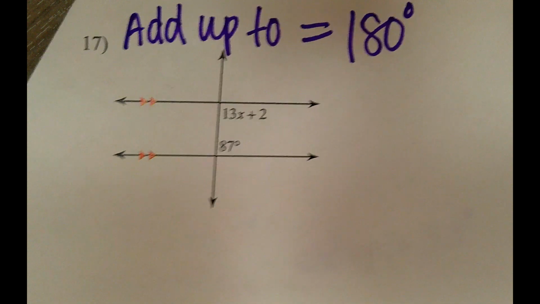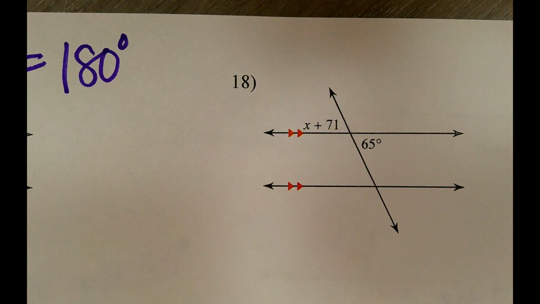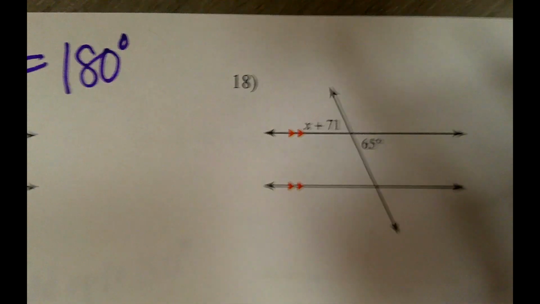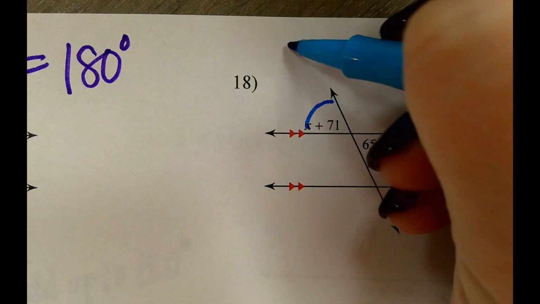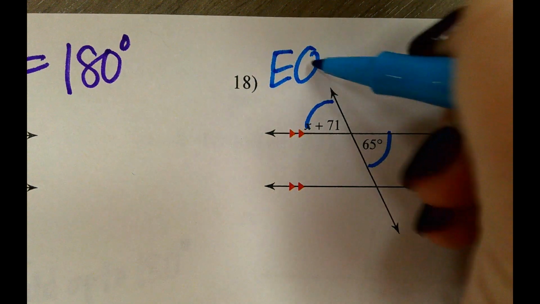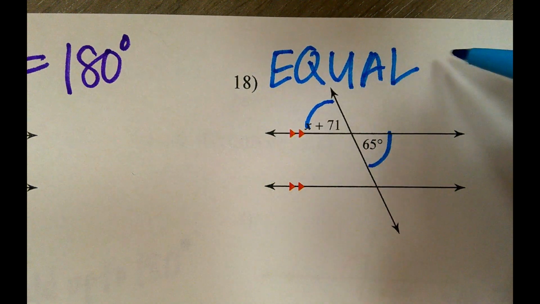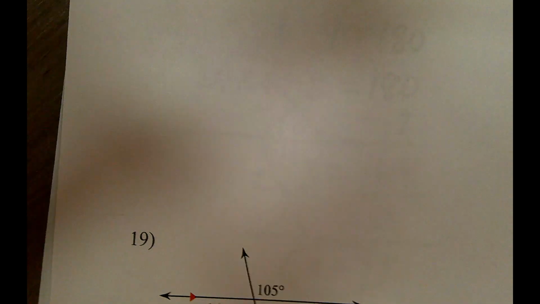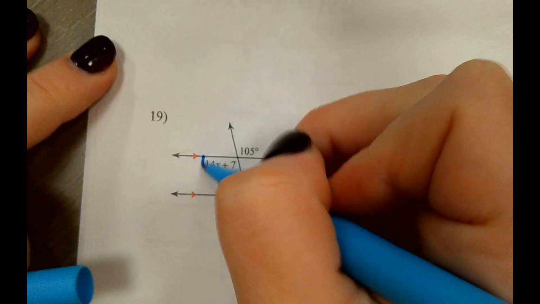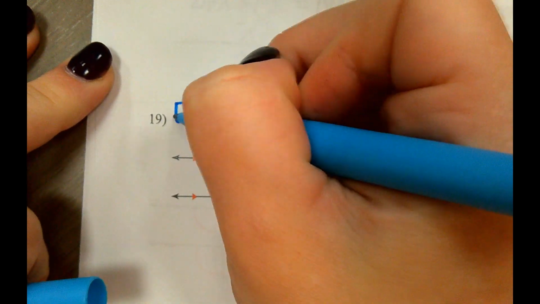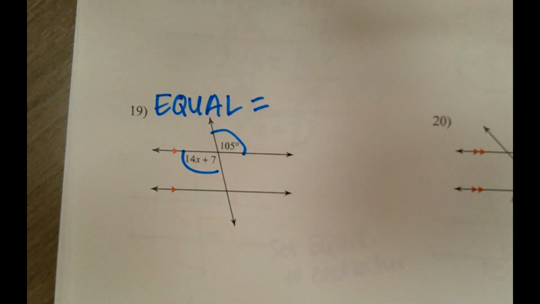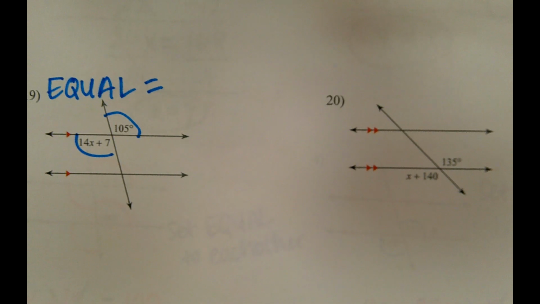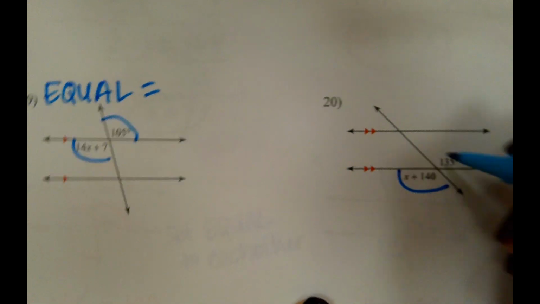Okay. 18, equal or 180? Equal. Good. Vertical angles are equal. All right, number 19. Equal, good, and more vertical angles. And last but not least, number 20. Equal again. Good, good.